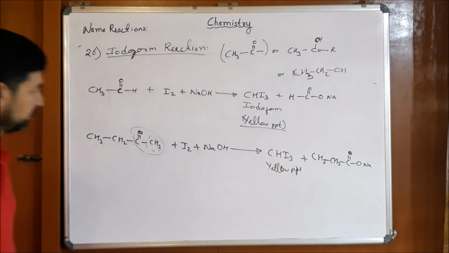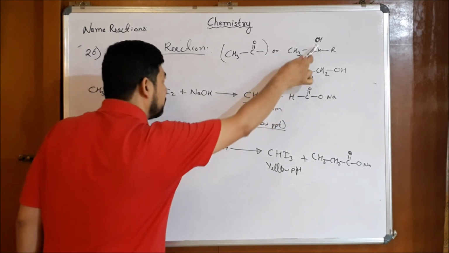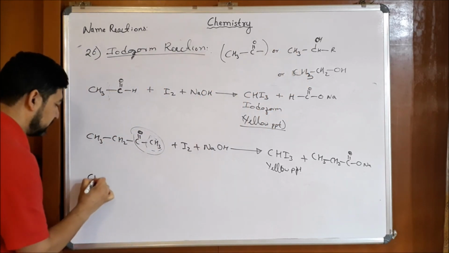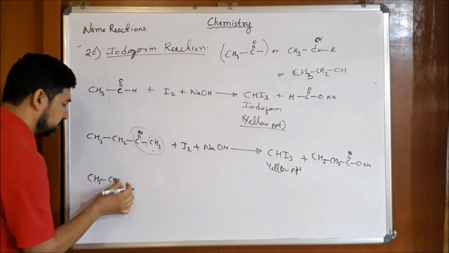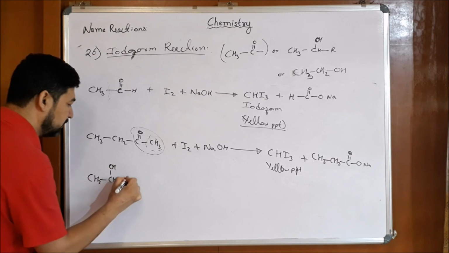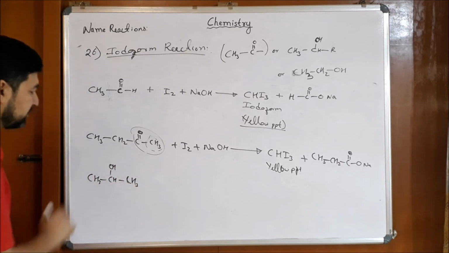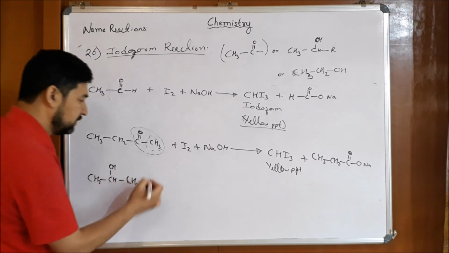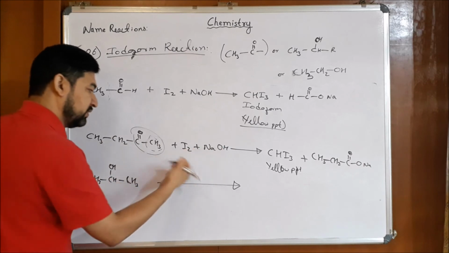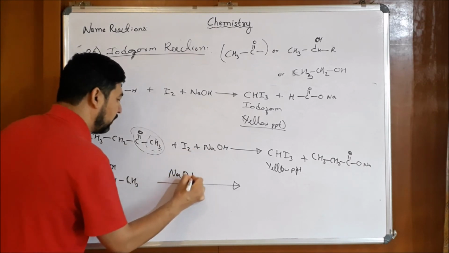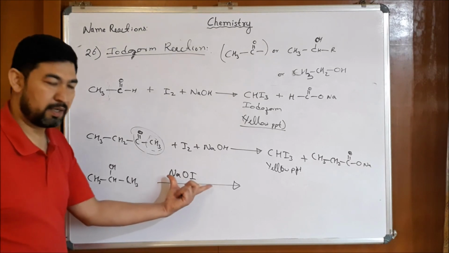Similarly, if we have a group like CH3CH(OH)CH3, a secondary alcohol, then when it is treated with iodine and NaOH, the mixture results in the formation of NaOI. Sometimes we also write NaOI, it's the same thing.